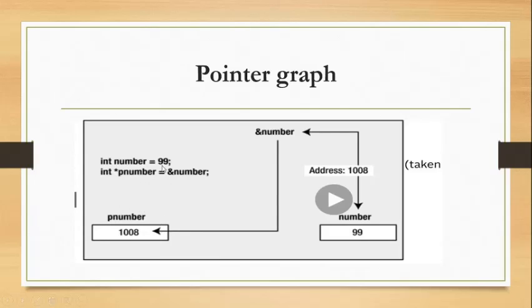To access it, if you do asterisk p number, it gives you 99, but if you do plain p number, it gives you the address. Understand this. A pointer stores an address that points to a memory location, and to access the value in that memory location, you have to add an asterisk to p number.